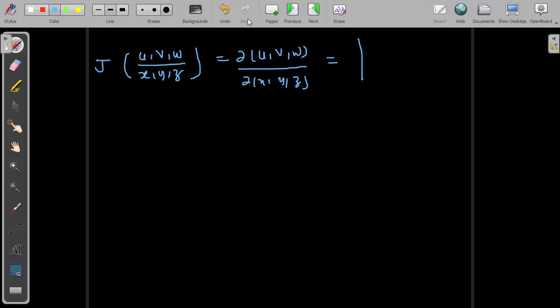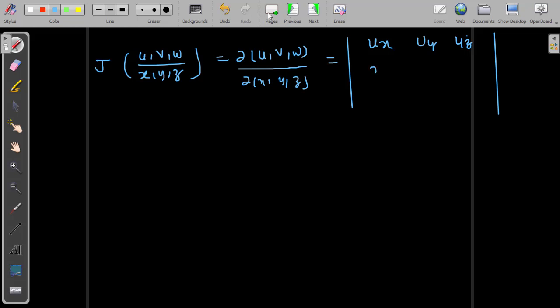the determinant, which I am writing over here. This determinant has 9 elements. The first row is ux uy uz, which means dou u by dou x, dou u by dou y, dou u by dou z.